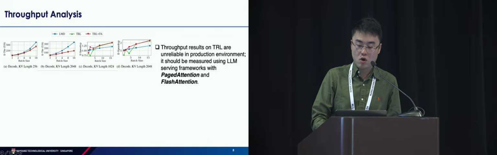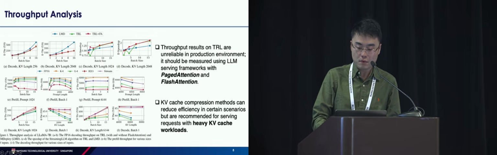This suggests that the computational efficiency results on TRL are not reliable if we want to deploy in production environments. We should measure the throughput using established LLM serving frameworks with prominent techniques including page attention and flash attention.